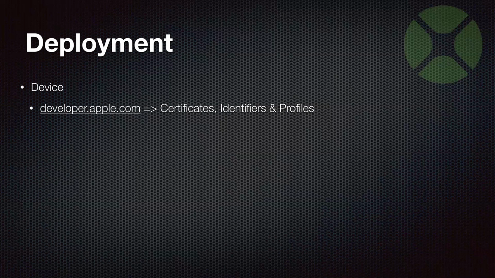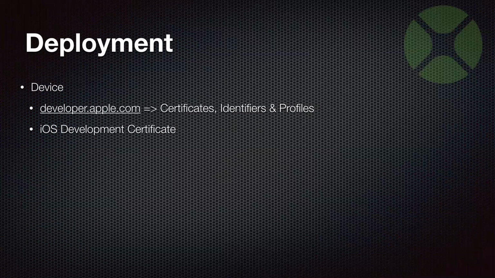So you do have to go to developer.apple.com. You actually have to have a developer membership with them, which is $99 a year in order to set all this up. And then you go to the certificates, identifiers, and profiles section of that website area. And then you can create your certificates.